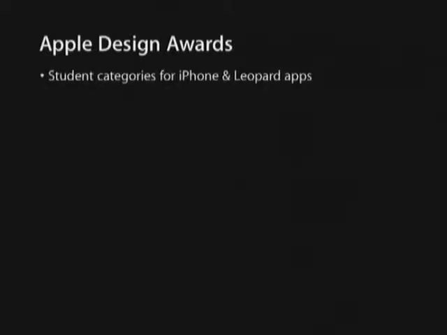There's one for iPhone development. There's one for Leopard development. Of course, this class is iPhone development, so we would highly encourage you to develop for that, especially since that's what your final assignment is going to be. But you're also learning the fundamentals of Leopard development, so I would encourage you, if you have any great ideas in either category, to enter. Particularly if you want to enter your final project from this course, that's highly encouraged as well.